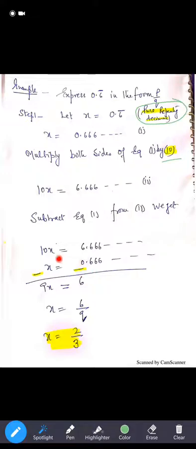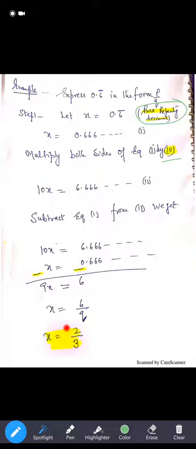So 10x minus x is 9x, and 6.66 and so on minus 0.66 and so on is 6. So 9x is equal to 6, so x is equal to 6 upon 9, or in simplest form x is equal to 2 upon 3.